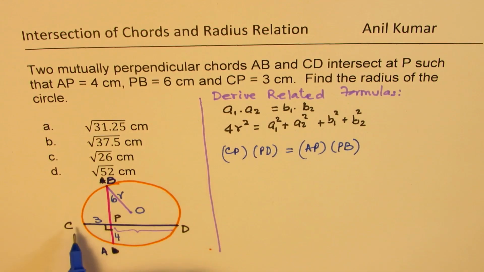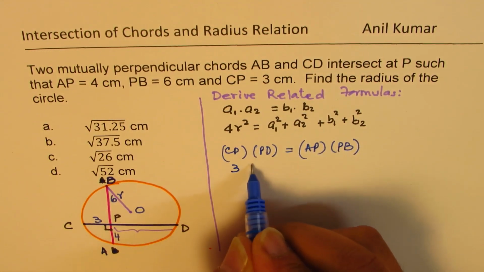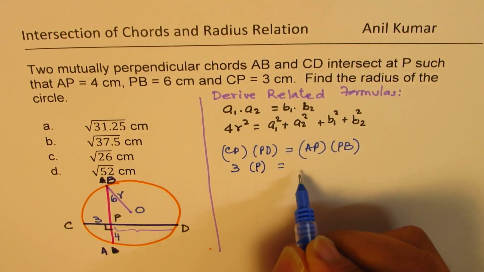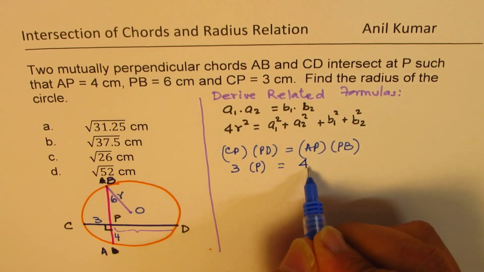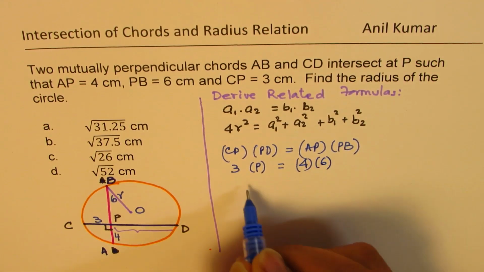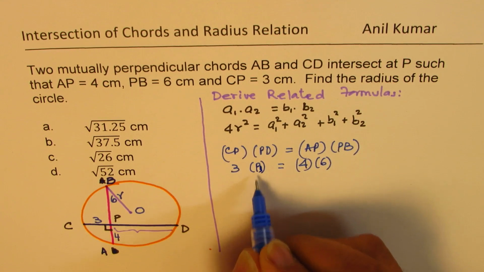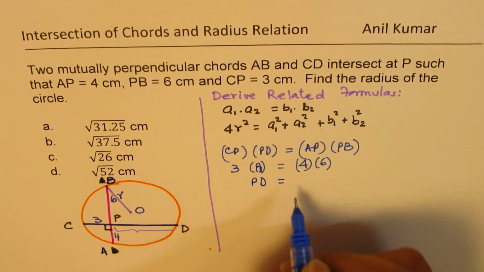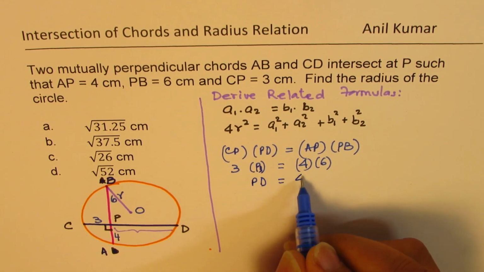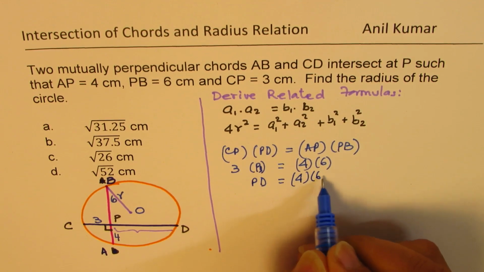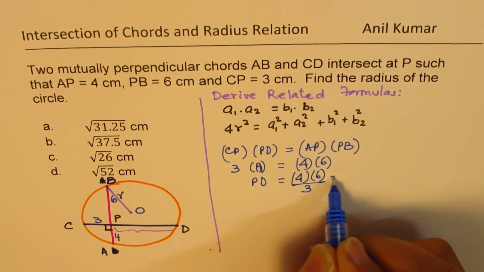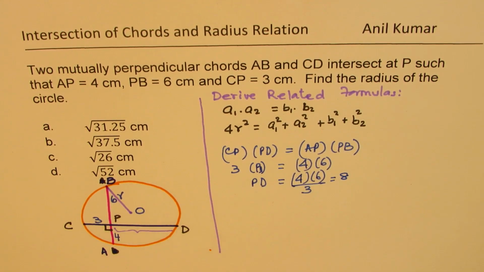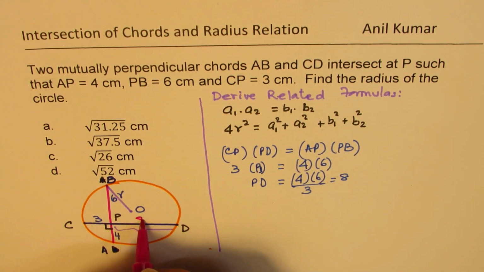So from here CP is 3, so 3 times PD is equal to 4 times 6. So we know this length PD is basically equal to 4 times 6 divided by 3, which is 8, right? Very simple. So we got one length, which is this length as 8.